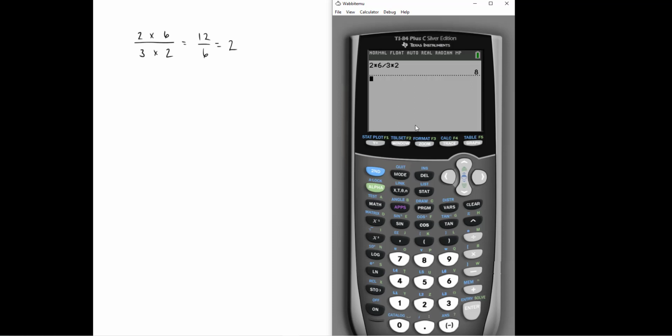Now, there are a couple of ways that we could get around this. One way, of course, would be to put parentheses around the numerator and the denominator, or really only around the denominator, but let's just put them around both for the time being. So in parentheses we could put 2 times 6, and parentheses, divided by 3 times 2.